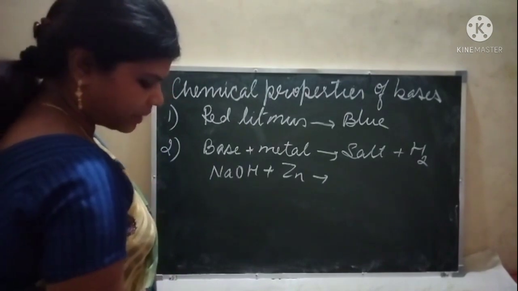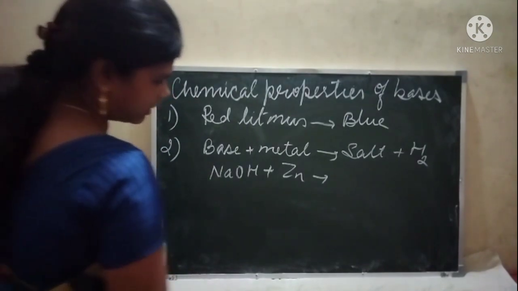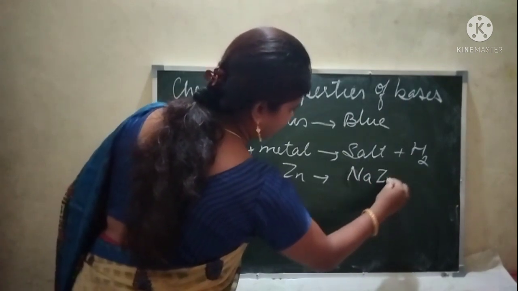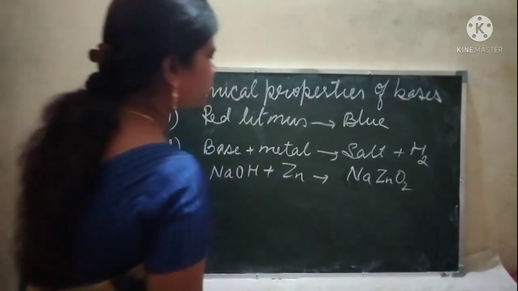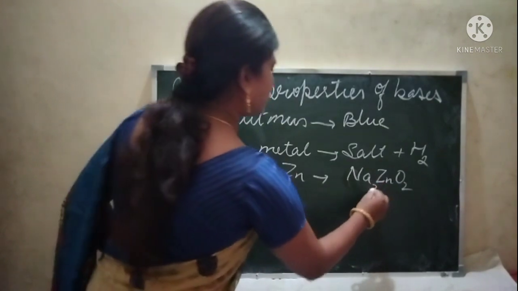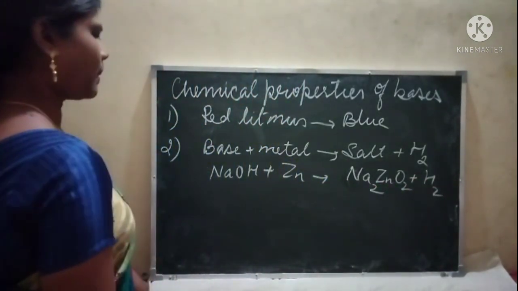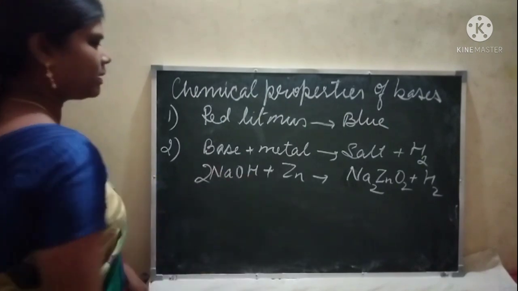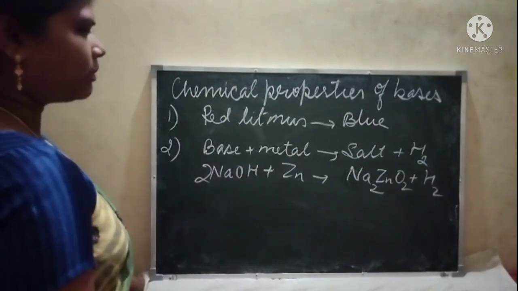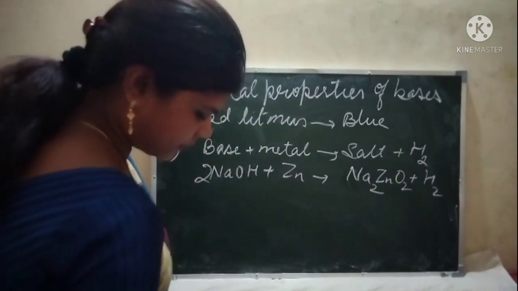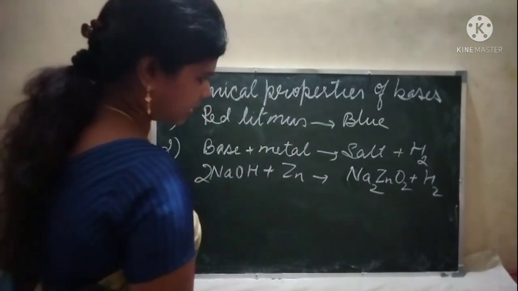When the base reacts with a metal, it gives sodium zincate plus hydrogen gas. Let's balance this. When it reacts, it gives sodium zincate and hydrogen gas.